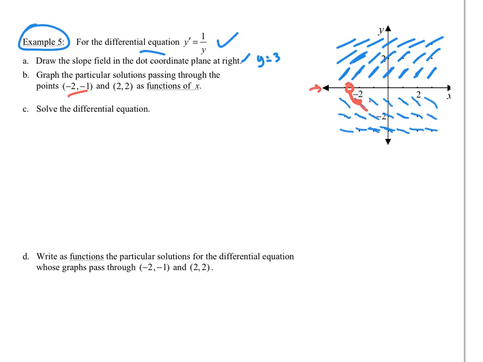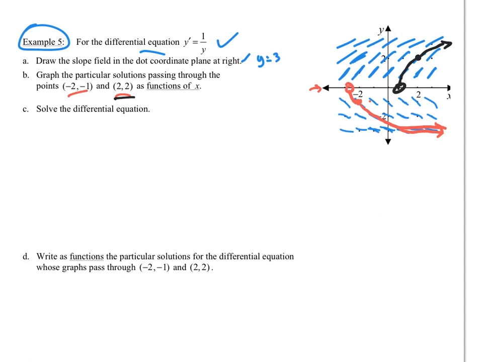And then when I go this way, I'm going to end up like this. Something like that. This is flattened off too much, sorry. Drawing on this pad isn't the greatest, but I'm trying. And then 2, 2 would be the other one that I want. So 2, 2, I go to this point here, and it's a very similar thing. Looks like I go like this. So it's going to be a sideways parabola.